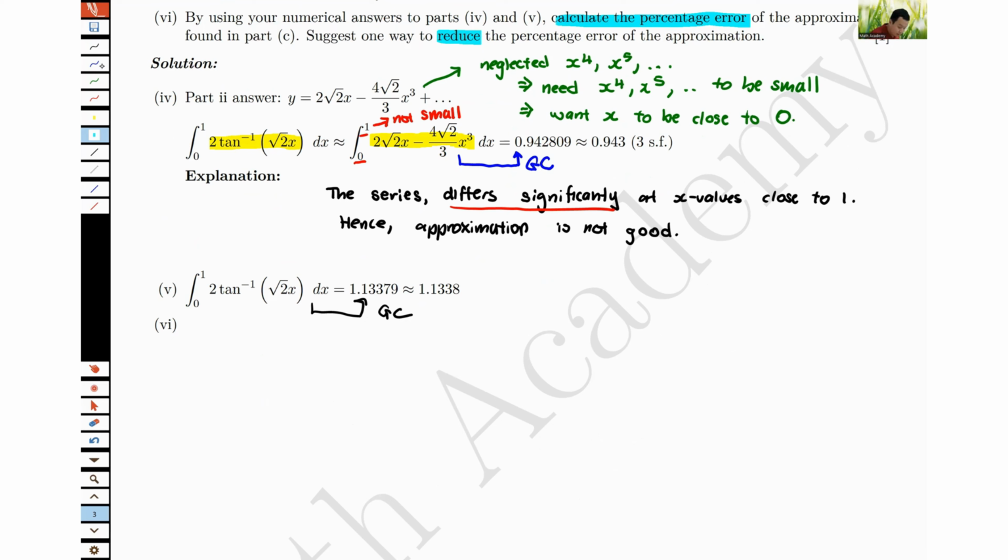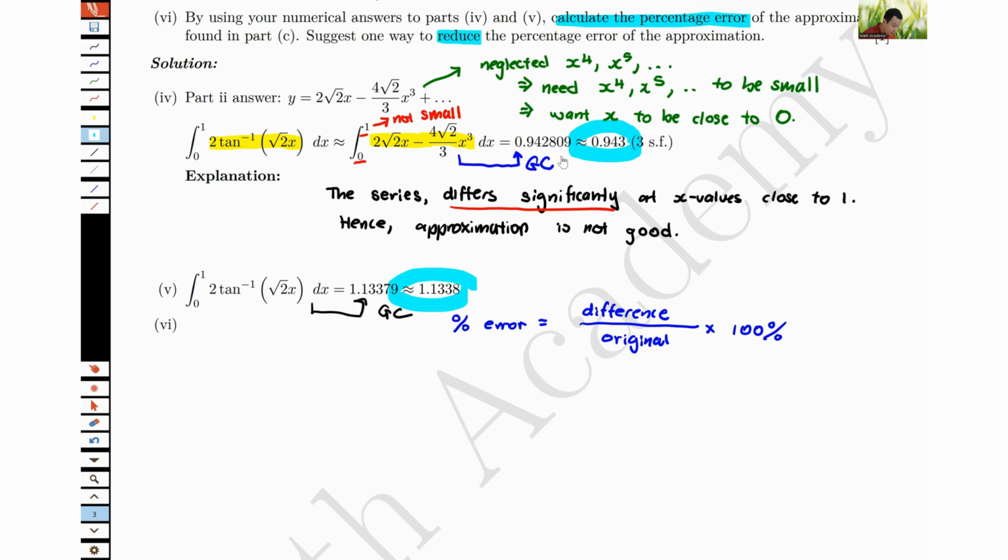How do we calculate a percentage error? Percentage error should be thought of as the difference between the two numbers divided by the original value. Percent error: you divide the error by the original and you multiply by 100%. This will give you percent error. I will then take the two numbers. This is the initial expanded value from the Maclaurin series. This is the original.